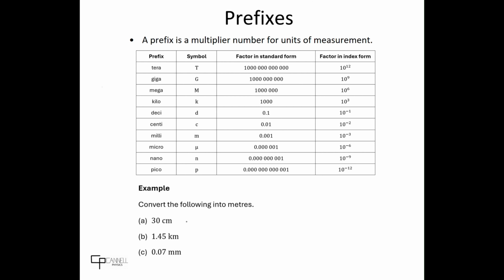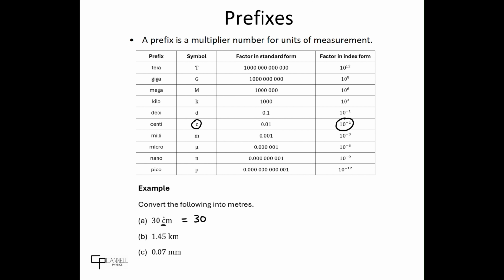To rewrite 30 centimeters in meters, all I need to do is see that the prefix here is lowercase c, or centi. That is here in my prefix table, and that corresponds to a factor of 10 to the negative 2. So all I need to do is rewrite the number, I don't even need to change the number, 30.